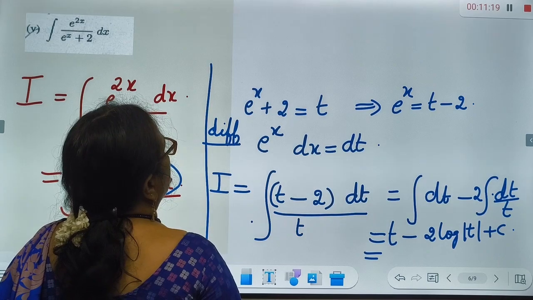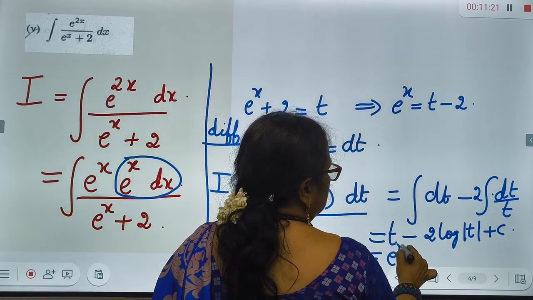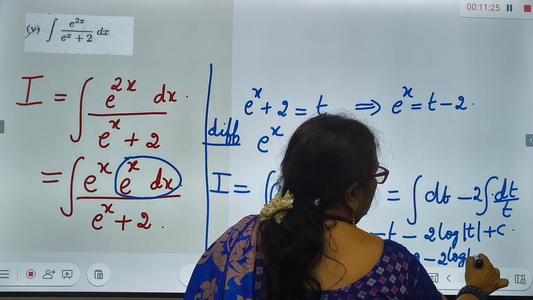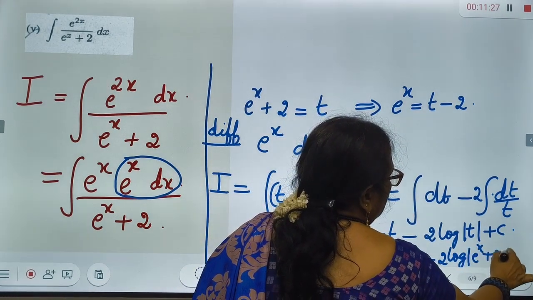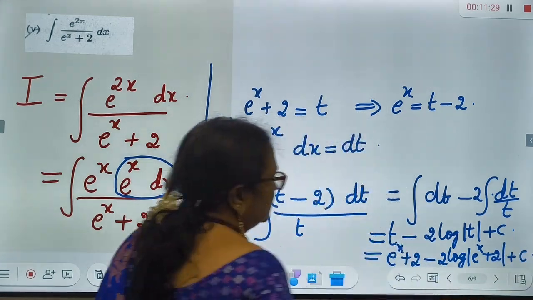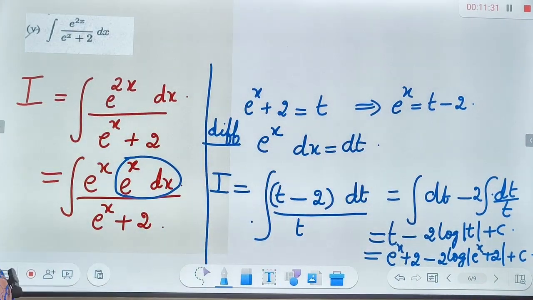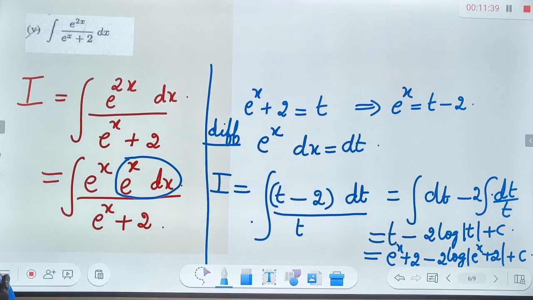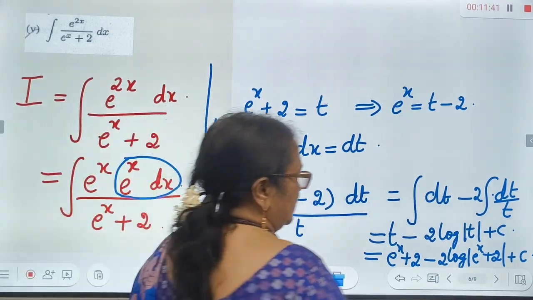Substituting back for t, t is e power x plus 2, minus 2 log mod e power x plus 2 plus c. So is it clear? It's actually a very simple problem if you understand how this technique of integration by substitution works.